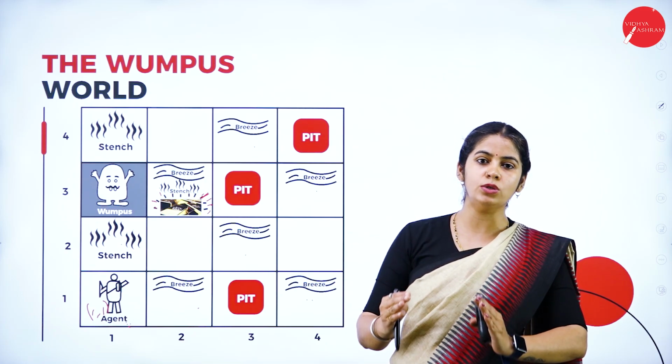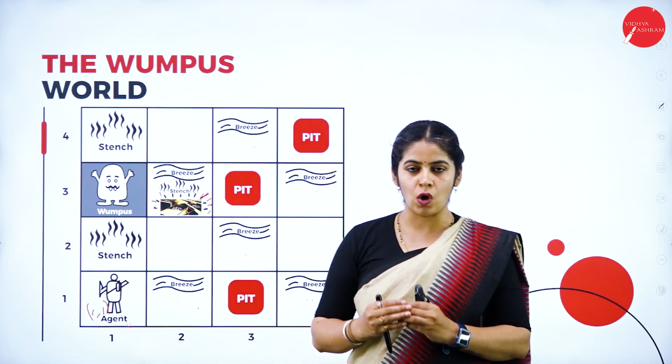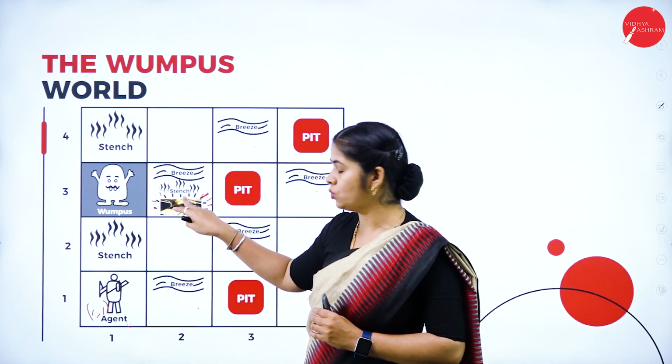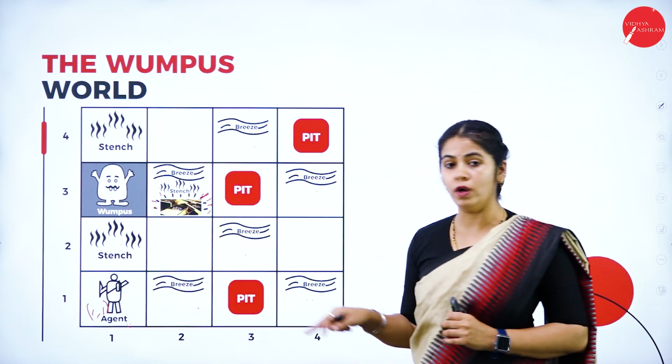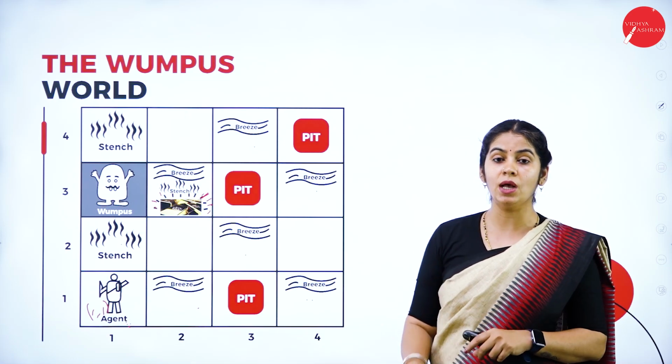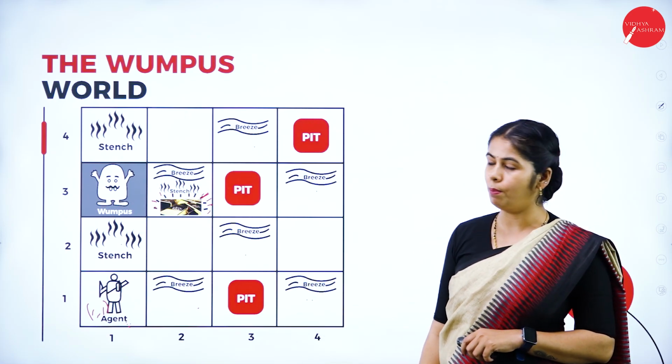Using this knowledge, the agent has to reach the gold without being eaten by the Wumpus and without falling into a pit. That is the goal, or the solution, for this Wumpus world problem.